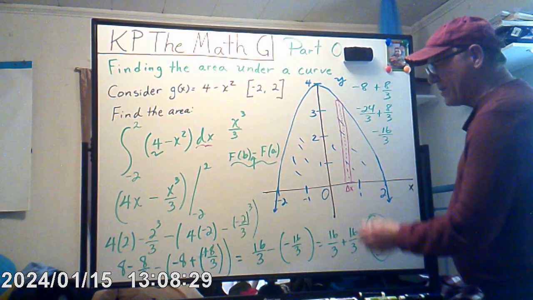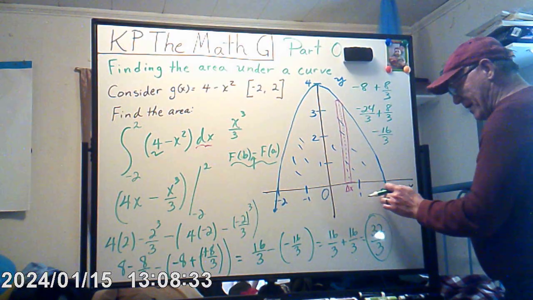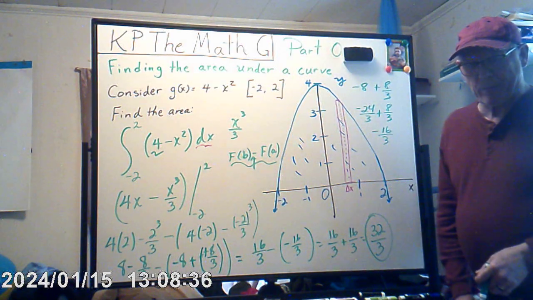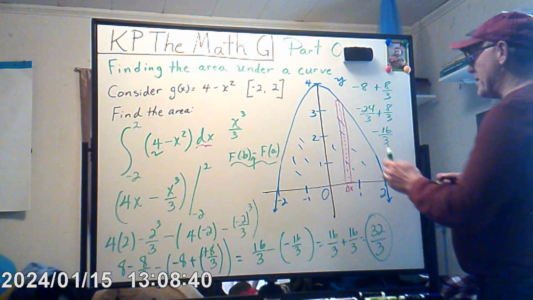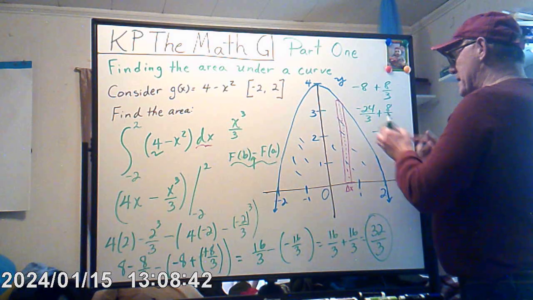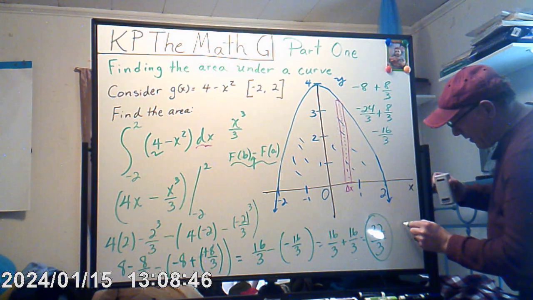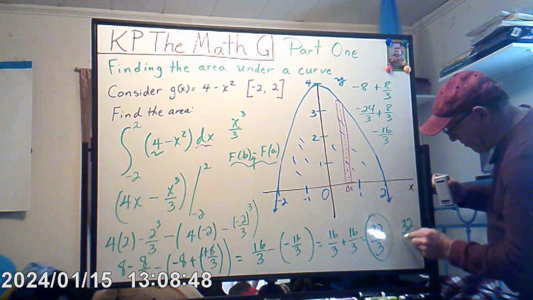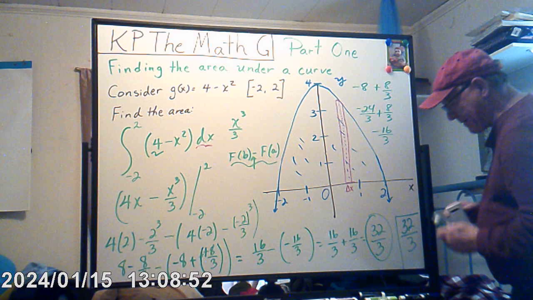We get 32 over 3 if we go all the way from negative 2 to 2. So we're going to leave that answer. Matter of fact, I'm going to erase this. I'm going to leave this answer right over here: 32 over 3.